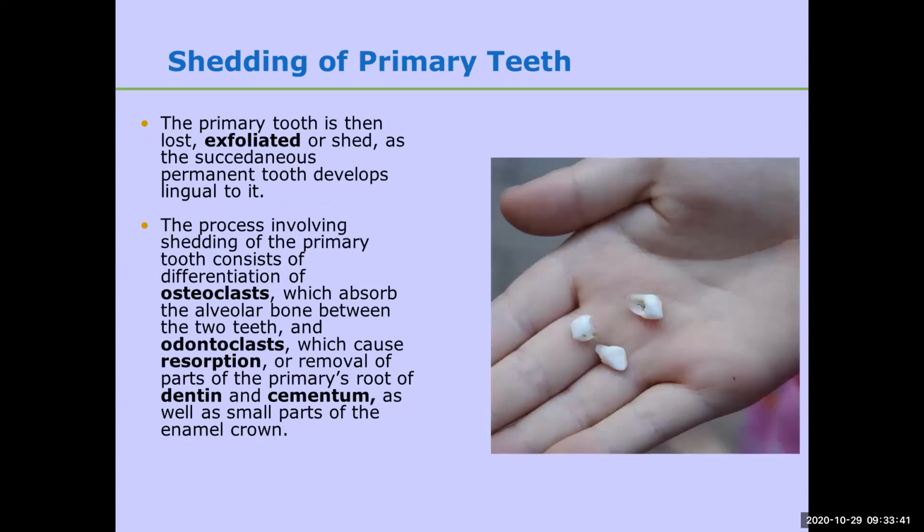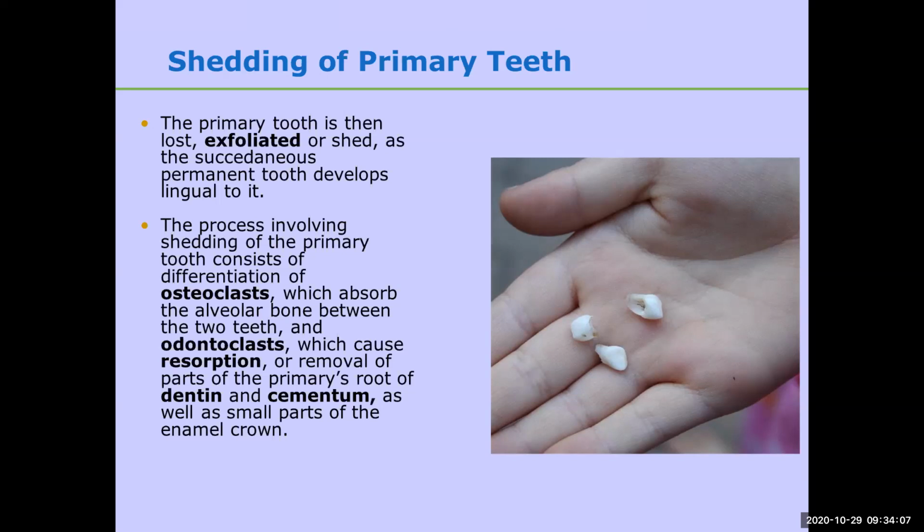So the primary tooth is shed or lost. Okay, it's exfoliated. And then the succedaneous permanent tooth comes in, oftentimes lingual to the deciduous tooth. The process involving shedding of the primary tooth consists of those osteoclasts. Remember, C-L-A-S-T eats away.